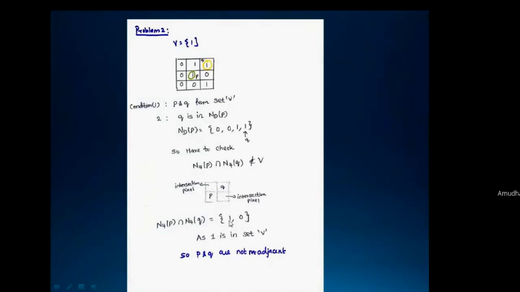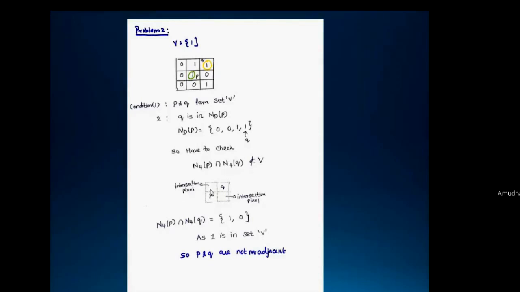As 1 is in the set V, P and Q are not M adjacent. For example, if here it is 0, 0, then it is M adjacent. Okay, I think it's over now.